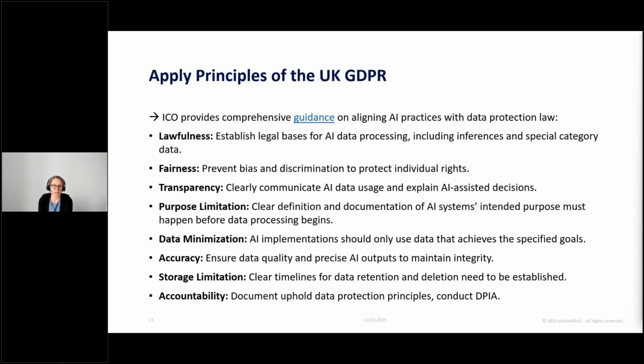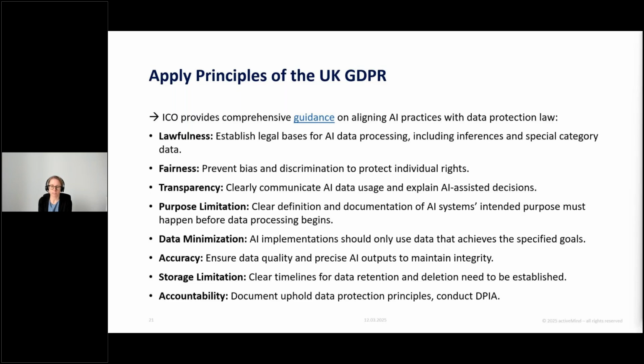Can I apply the fairness principle, prevent bias and discrimination to protect individual rights? It should not be hidden processing taking place. Have you taken care about the transparency principle? Is it clearly communicated to data subjects how AI is using data and how it is provided to other parties?